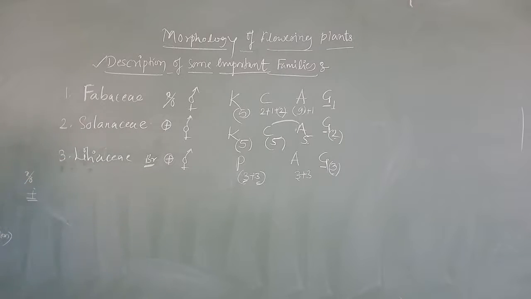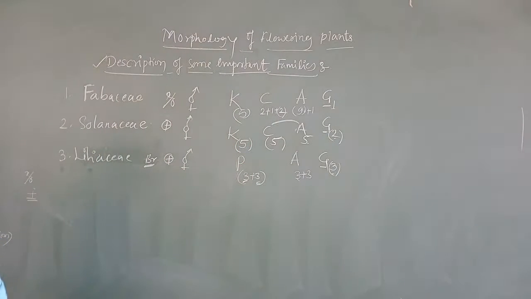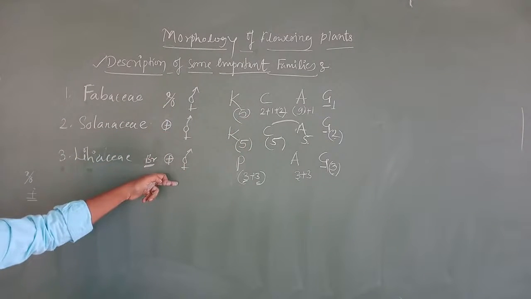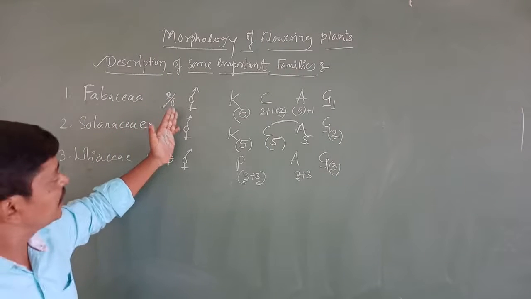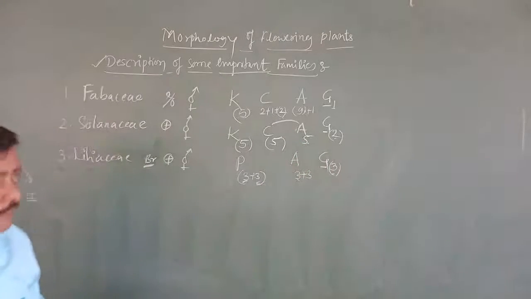Right? The first one is completed. How are we going to remember? I told you, first you write 1, 2, 3, where F means first, L means last: Fabaceae, Solanaceae and Liliaceae. Then all are bisexual, so you write the bisexual symbol. Bisexual in the sense all contain androecium and gynoecium.